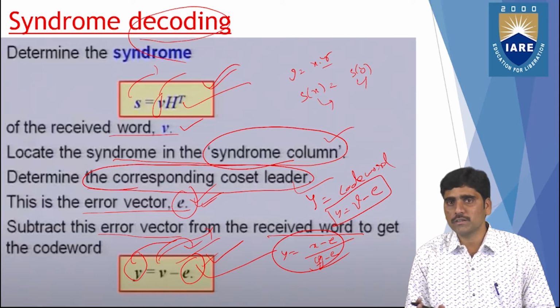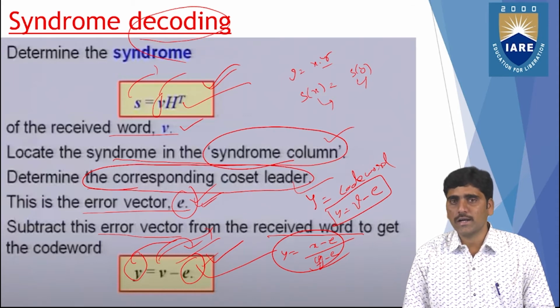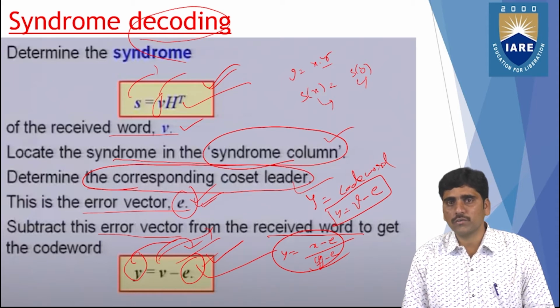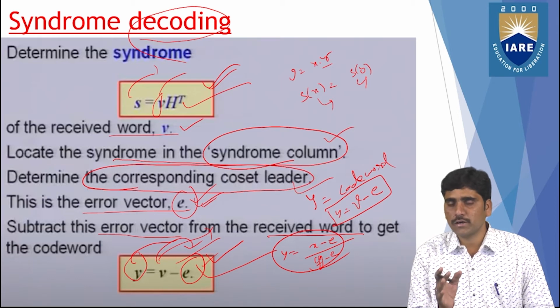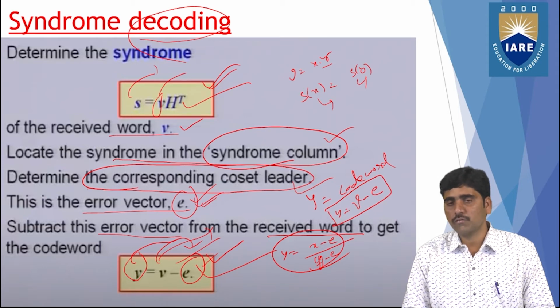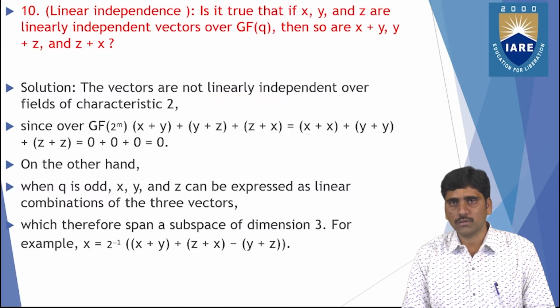One is the formation of the syndrome, S equals VH transpose, and to decode the syndrome, we have to identify the errors, identify the coset leader, and the formation Y equals V minus E. So this is the way you can understand syndrome decoding.